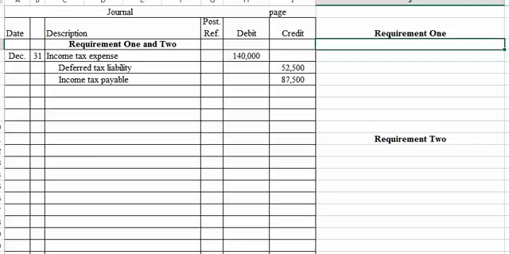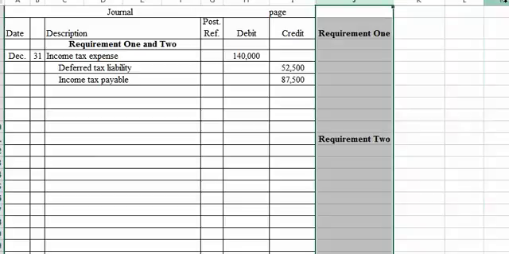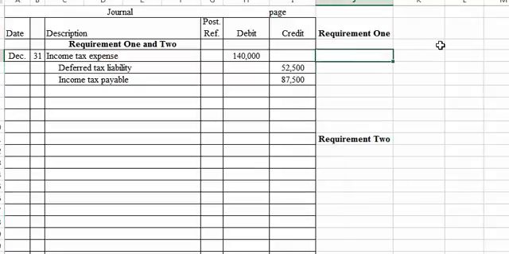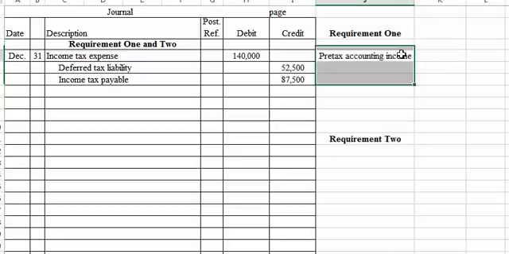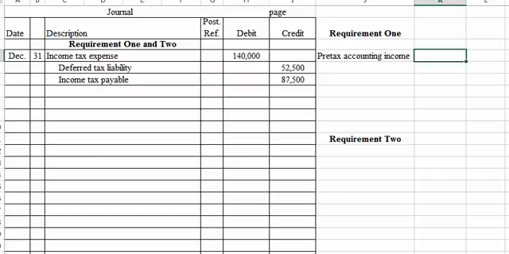Well, we would say pre-tax accounting income, which was $400,000, less our income tax expense.